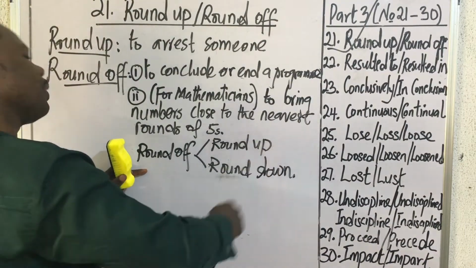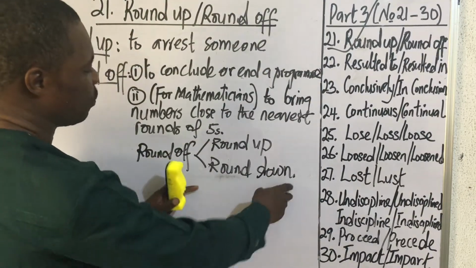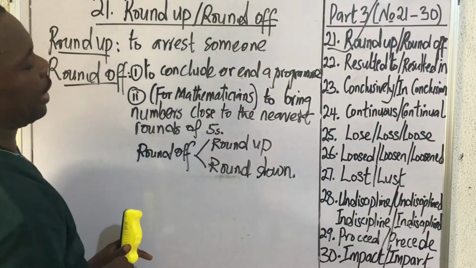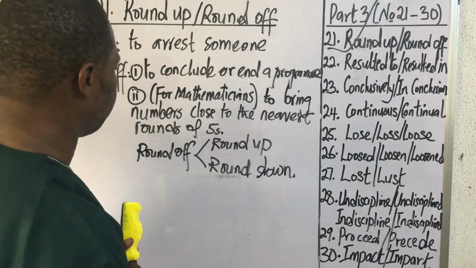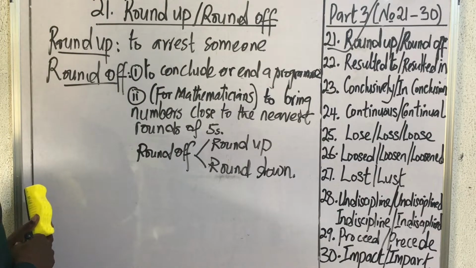If they are up to 5, you take them to the next round of 5. But if they are less than 5, then you bring them down to the lower round of 5s. So this is what we say about rounding up numbers and rounding down numbers.